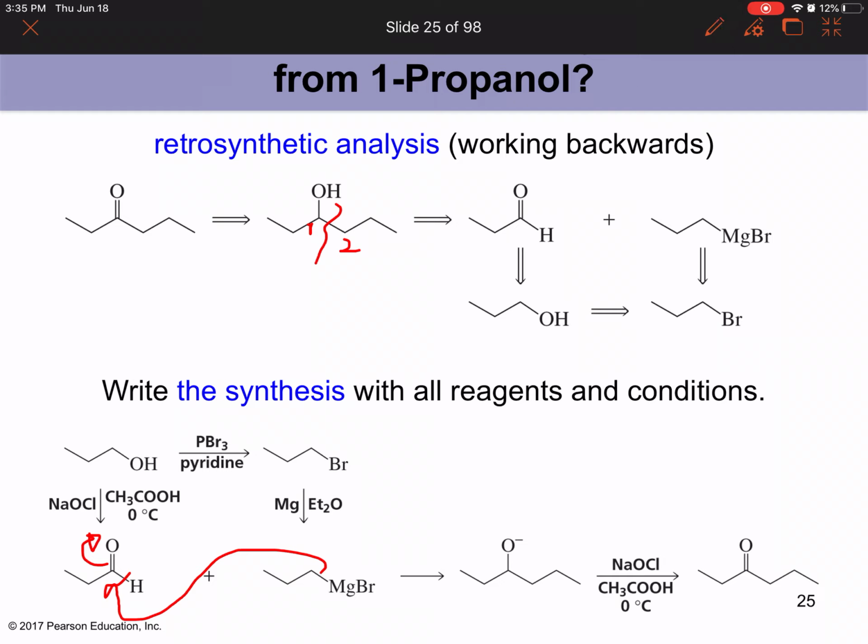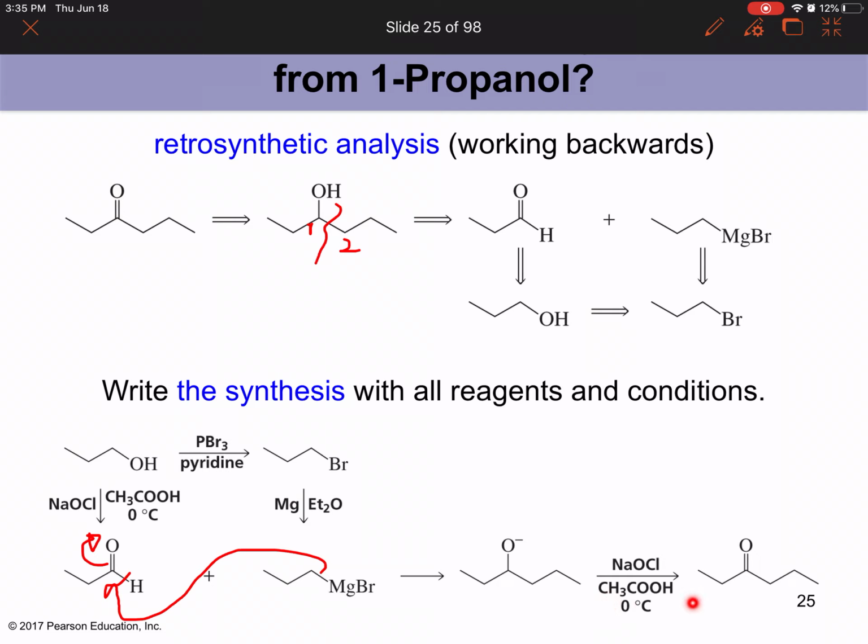Now we have combined the two pieces, and we have 6 carbons in our chain, 1, 2, 3, 4, 5, 6. We are one more step away from getting to the desired product. Again, you can oxidize this alcohol with sodium hypochlorite and acetic acid.